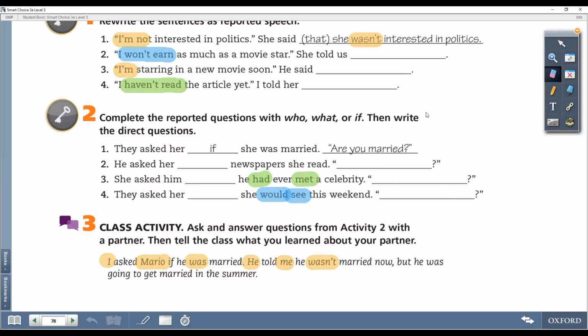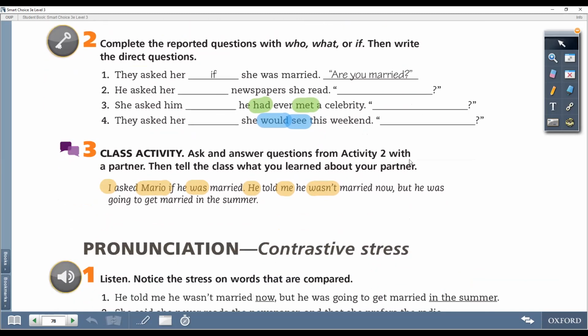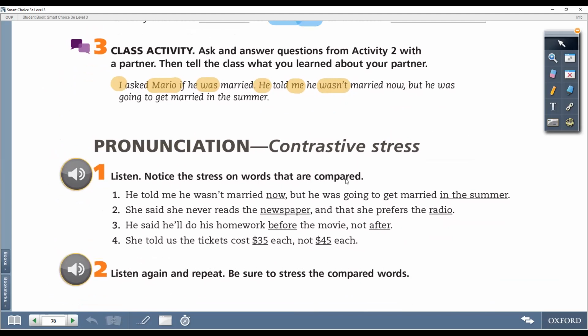Okay, guys, so just to help us practice a little bit, we have this short pronunciation tip here, just for us to know how to speak these reported situations. So contrastive stress, take a look at this, guys. Notice the stress on words that are compared. For example, he told me he wasn't married now, but he was going to get married in the summer.